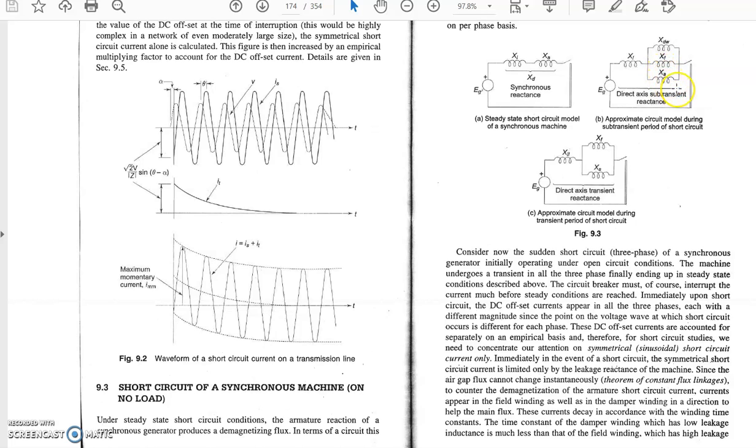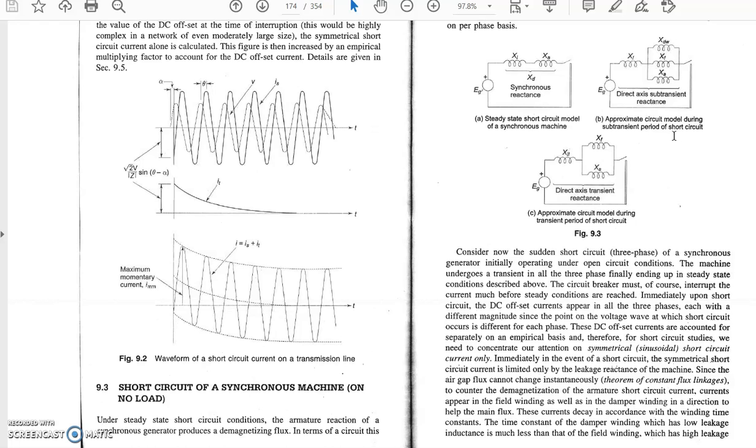So the total reactance of the machine is reduced, and when the total reactance is reduced, the current becomes higher.